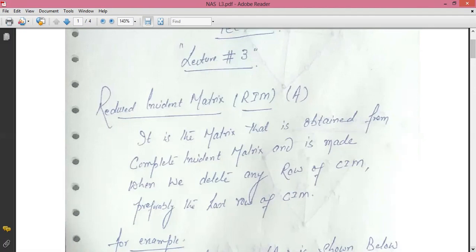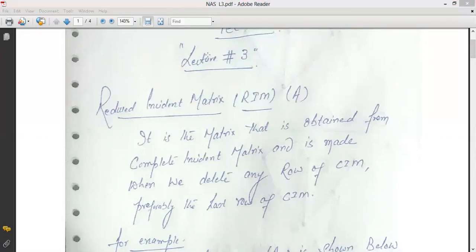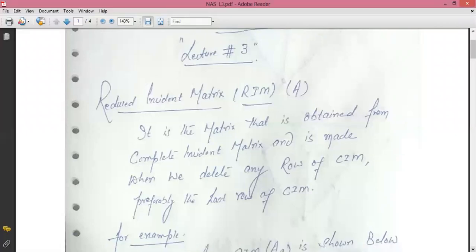This RIM, the reduced incident matrix, is denoted by capital A, and it is obtained from the complete incident matrix. How can we get a RIM from a CIM? Simply when we delete any row, and preferably we delete the last row of the CIM, the ultimate matrix so obtained is called the RIM.